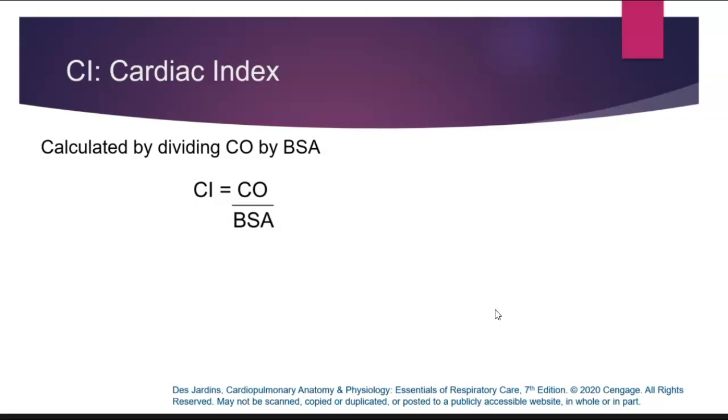That's where cardiac index is a better reflection of whether that output is adequate for that person's body size. Again, you do not need to calculate any of this for the exam. I'm just going through definitions and putting the formulas there, in case that helps mathematically minded people.